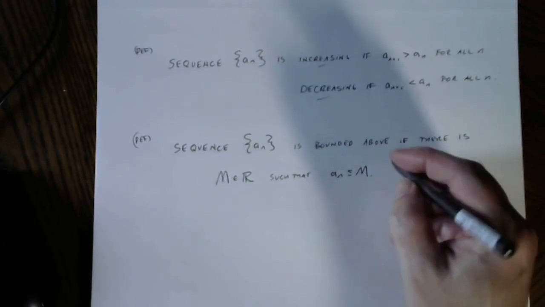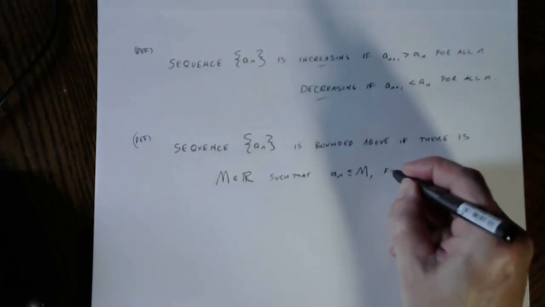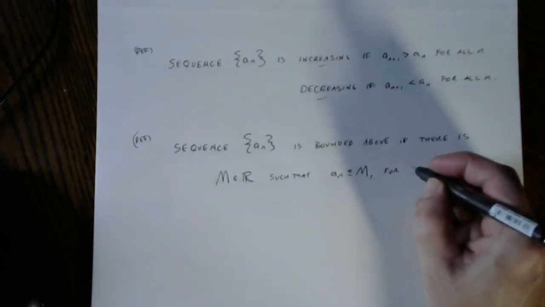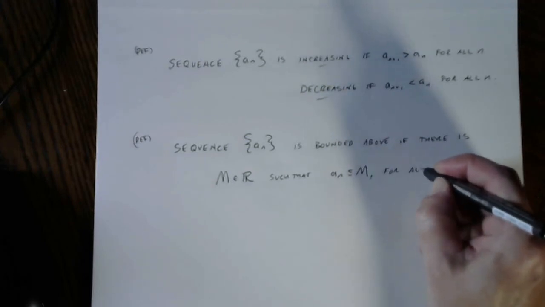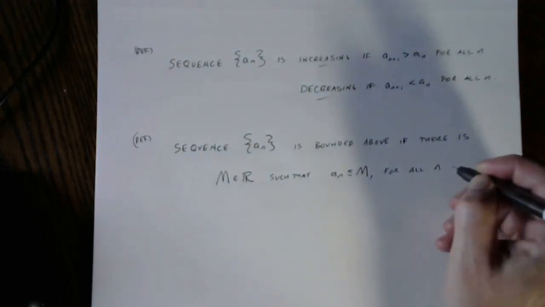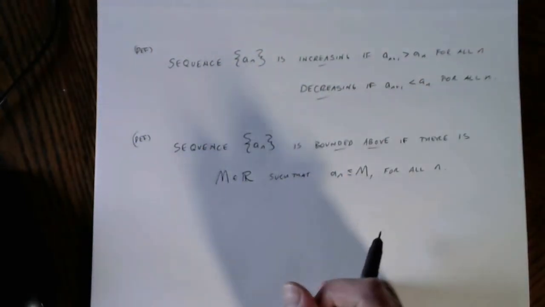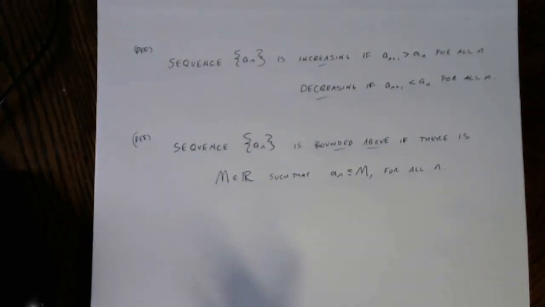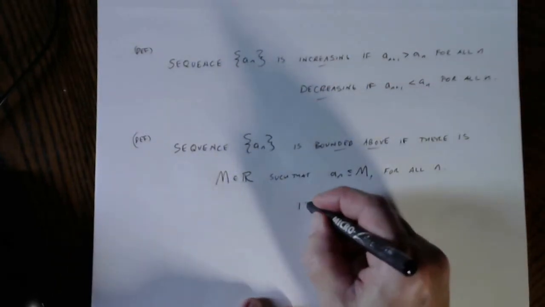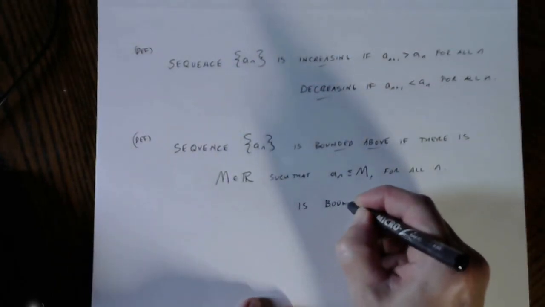So in other words, it's like a ceiling. It's an upper bound for all n. If there's a value that none of the terms can attain. And of course, what's next is bounded below.